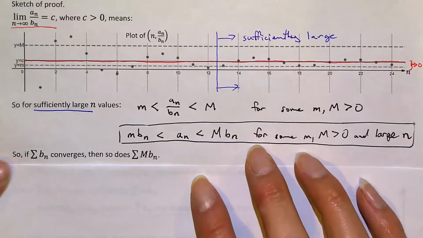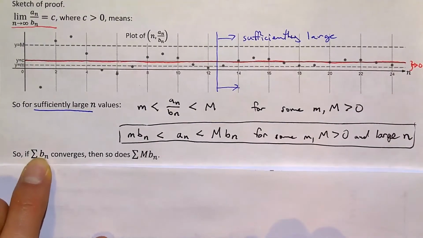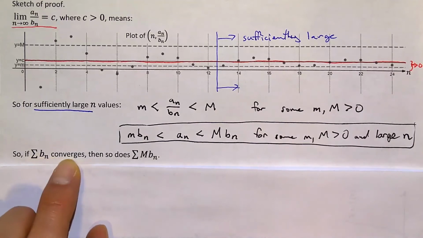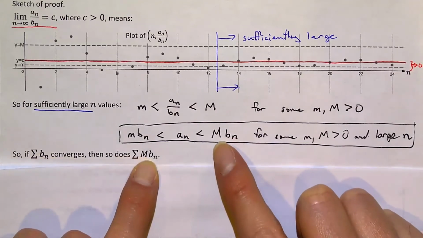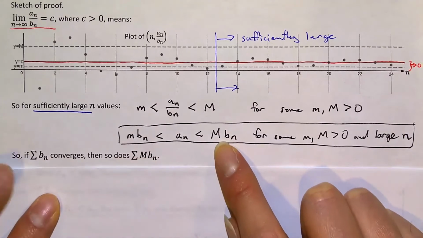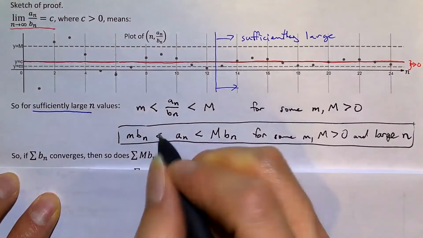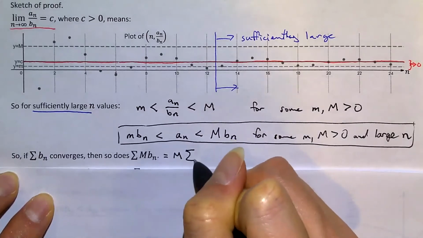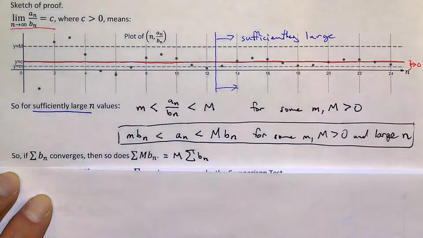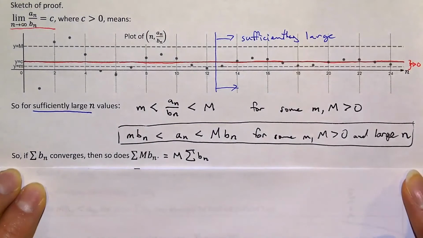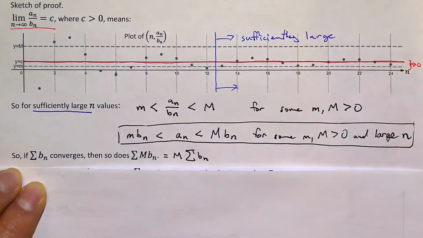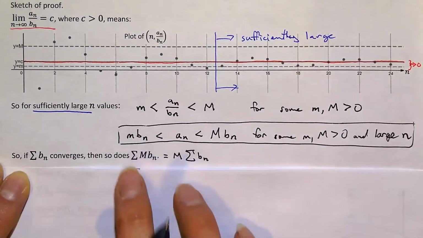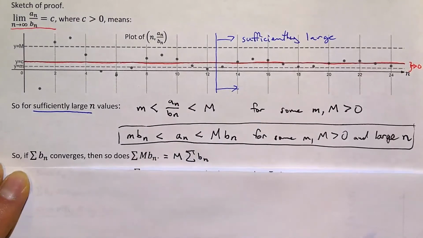Suppose that if we were to add up the bn terms and get a convergent series, then we would also know that this series converges because these terms, again, you can just factor out that constant. The capital M is a constant. Factor it out. So if this one converges, so does this capital M bn series.